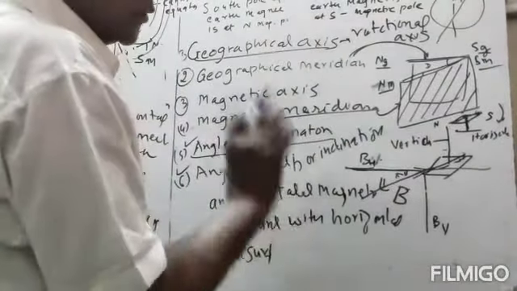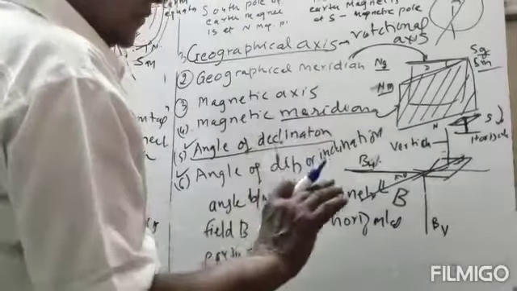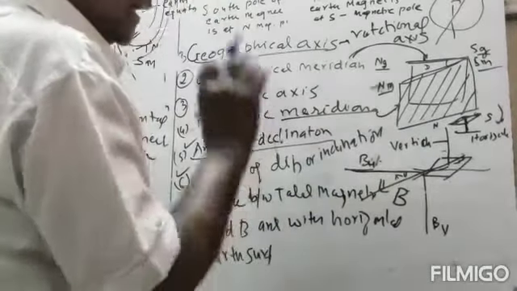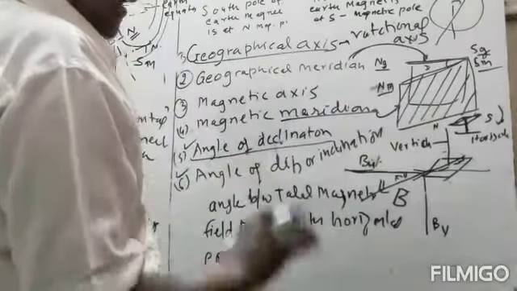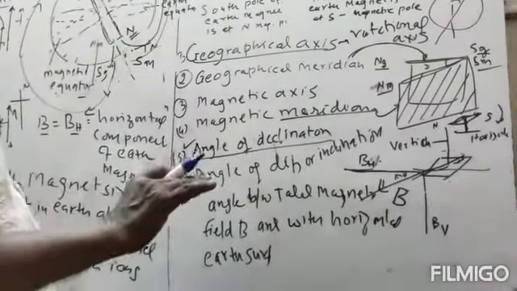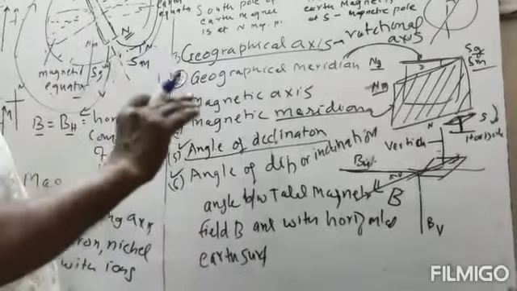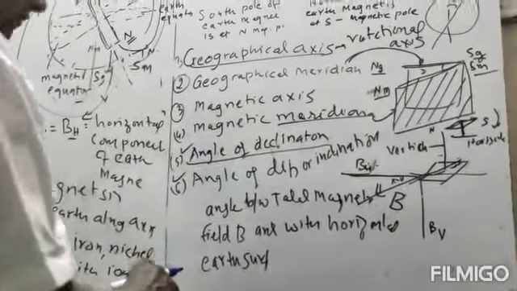Angle of dip also varies from place to place. It is 0 at the equator and it is maximum at the pole. At the pole this angle is 90 and at the equator this angle is 0.